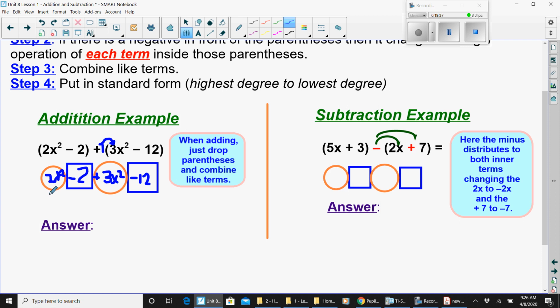So the answer, all you have to do is combine like terms. So you have 2x squared plus the 3x squared. 2x squared plus 3x squared is 5x squared. And then a negative 2 minus 12, and you can use your calculator.